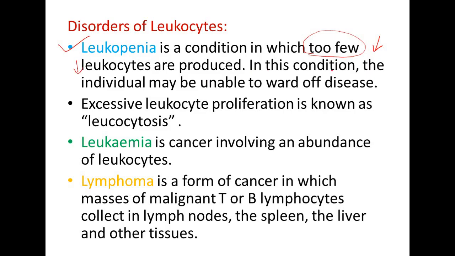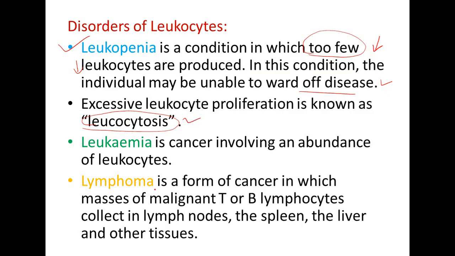In this condition, the individual may not be able to ward off disease. That means an individual having leukopenia is unable to fight against disease, and he or she may lose their optimum immunity. And excessive leukocyte proliferation is another condition, called leukocytosis.